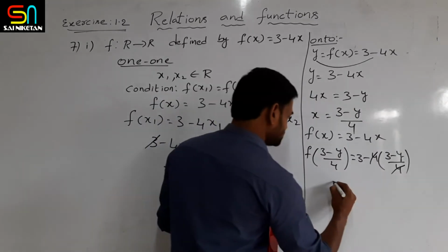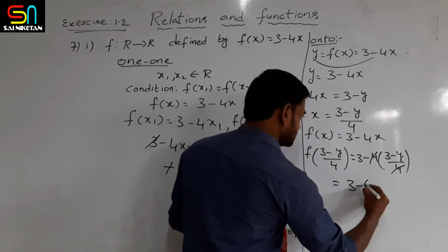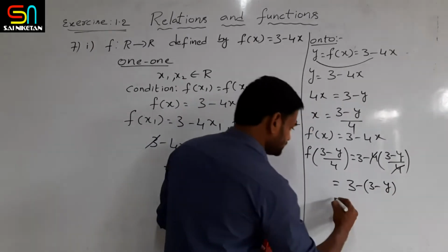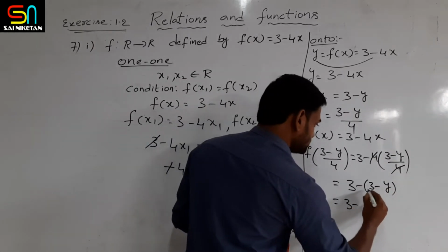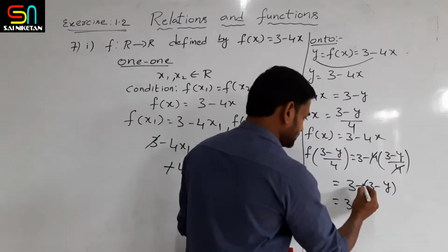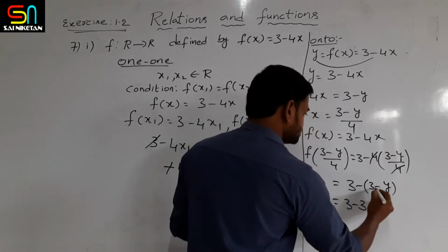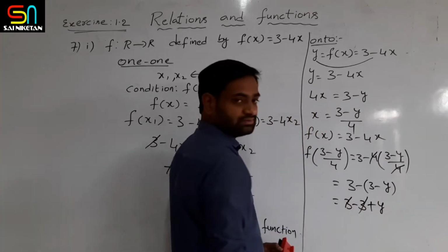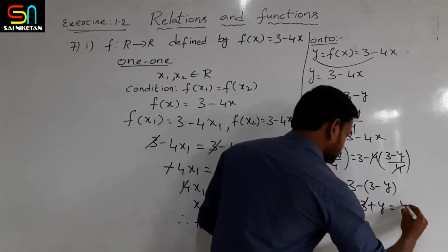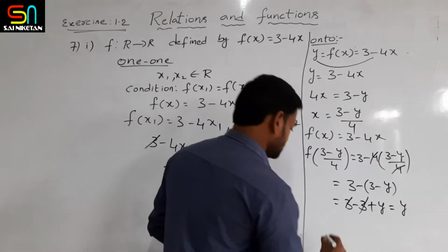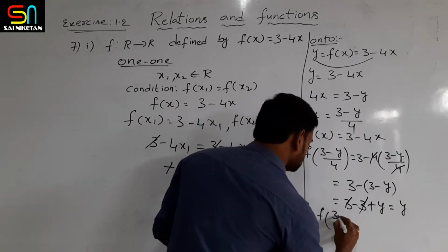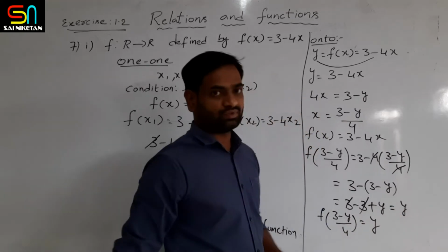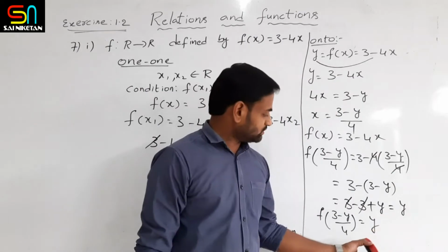Now the remaining is 3 - (3 - y). Next, 3 minus, multiply the minus inside. So it is 3 - 3, minus into minus plus y. The 3 gets cancelled. What you got as the answer is y. That means f((3 - y)/4) = y. So the answer you got is y.